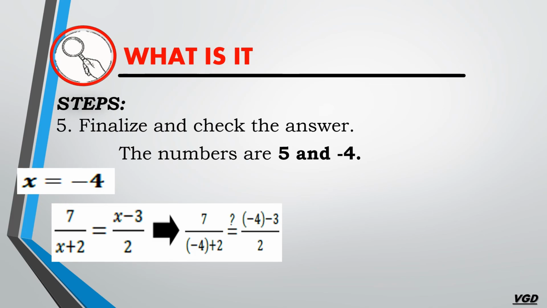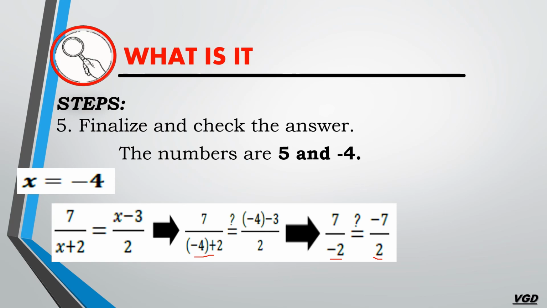And we just have to simplify. Negative 4 plus 2 is equal to negative 2, so we have 7 over negative 2. Then negative 4 minus 3 is equal to negative 7 over 2. Remember the rule in adding and subtracting integers, especially with the same and different signs.